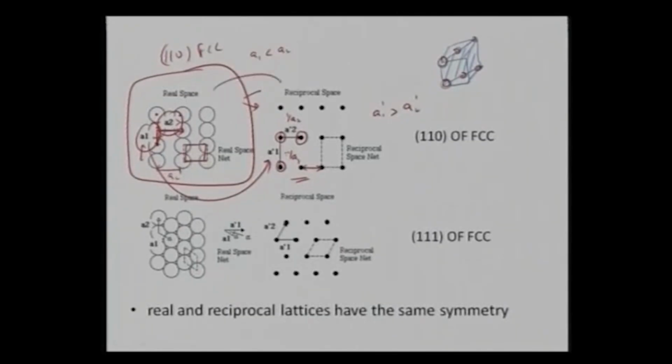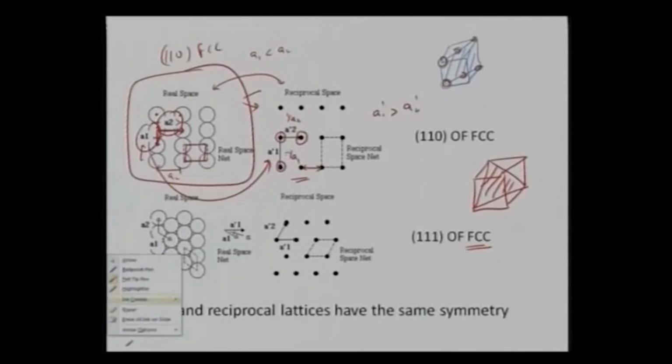So I can see the symmetry part is also being retained in the reciprocal space as well, and that thing is again being given in the 111 plane of the FCC. So if I take the 111 plane of the FCC, that becomes more like this. In there I can see that I have atoms which are located along the sides.